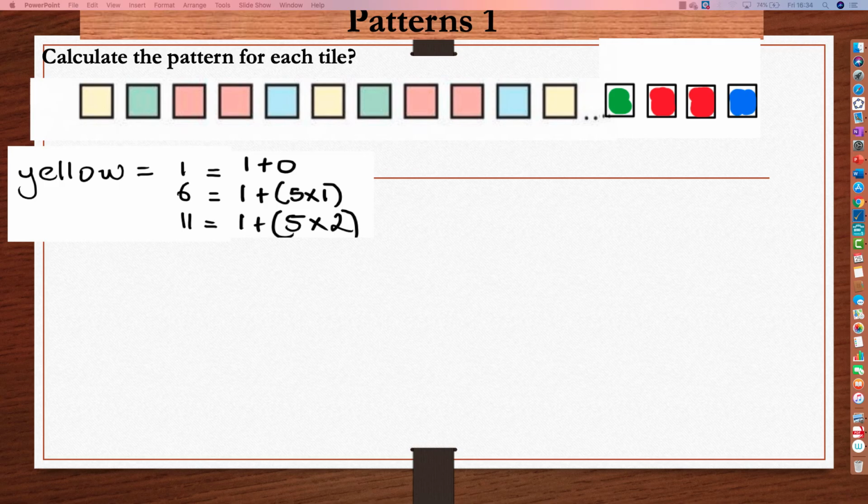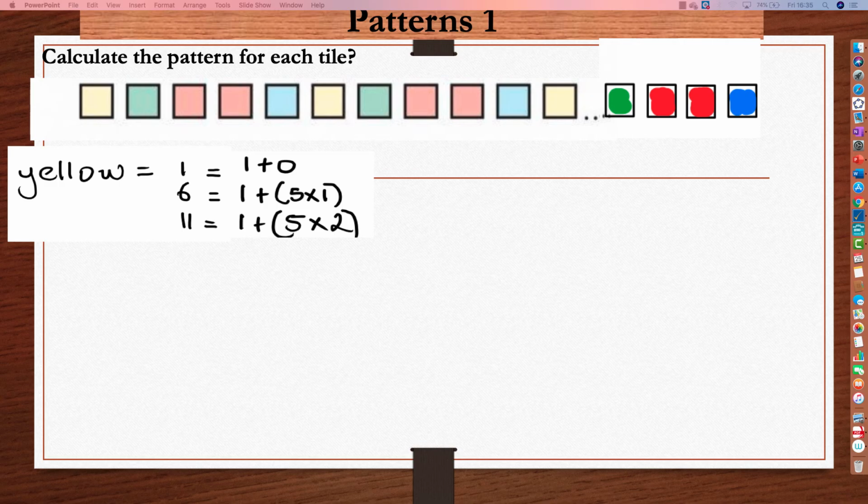1 plus 5 times 0 is 1. Alright, so 1 plus 5 times 0 is 1. If you were to pick the next one, it's T1. 1 plus 5n again, which is 1 plus 5 times 1, which gives us 6.